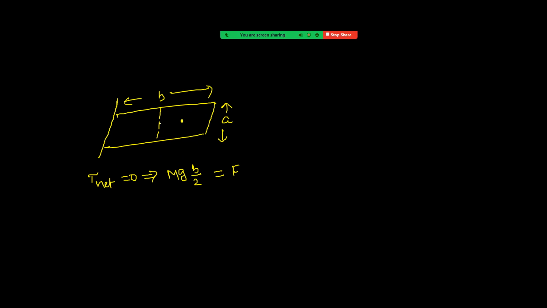This is b by 2, this is b by 4, total is now 3b by 4. So from here we can cancel b, and this is 2 times, right? That implies F equal to 2 by 3 mg.